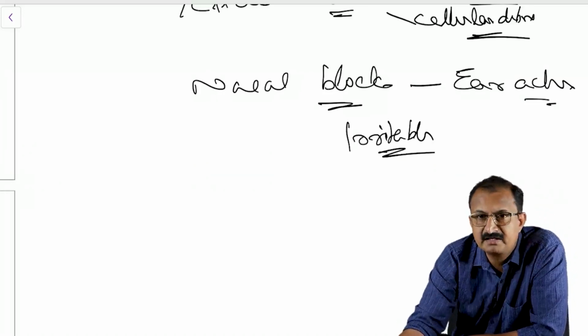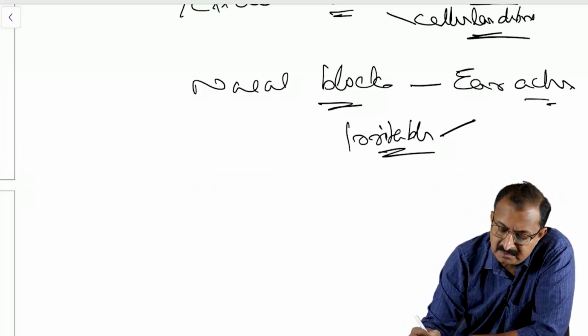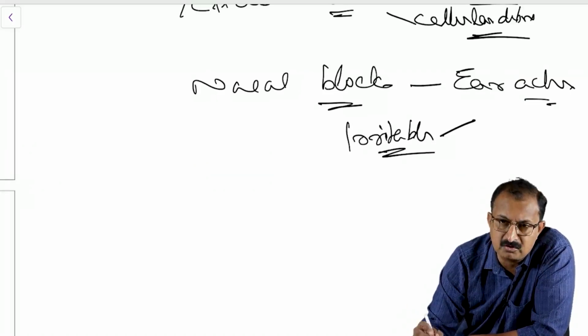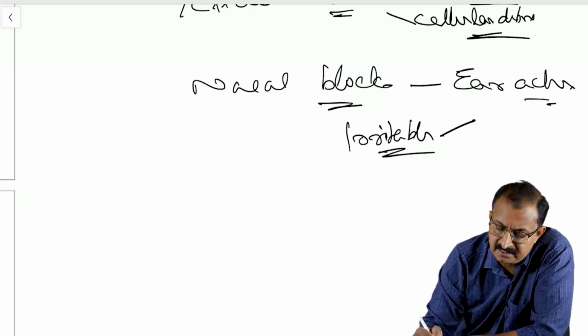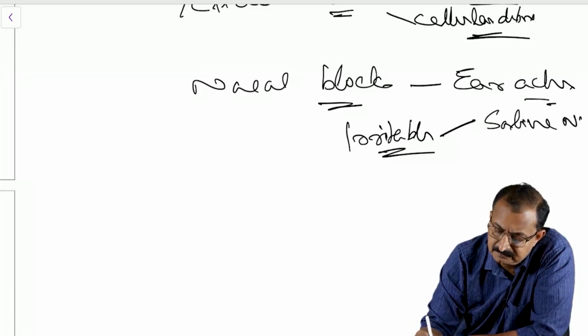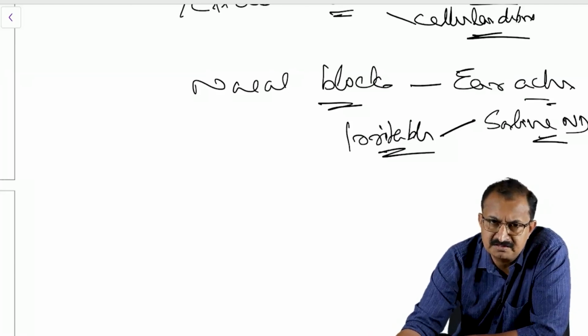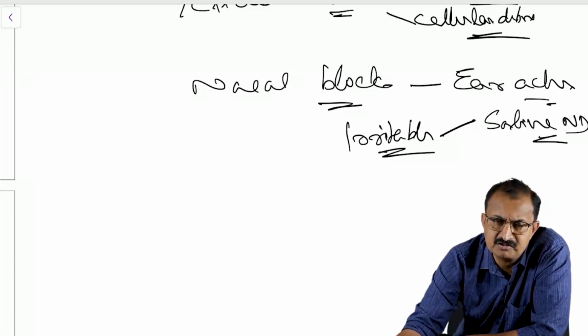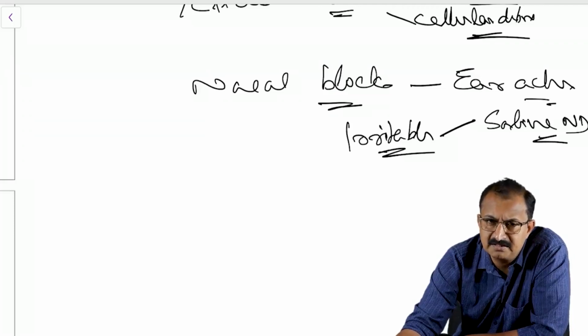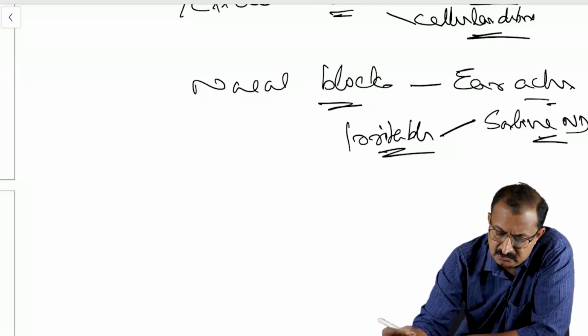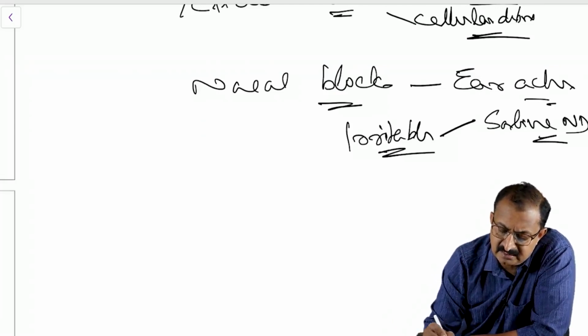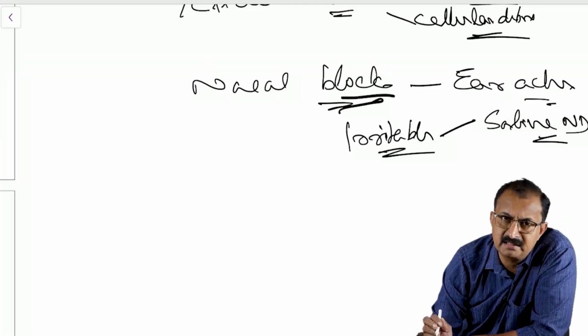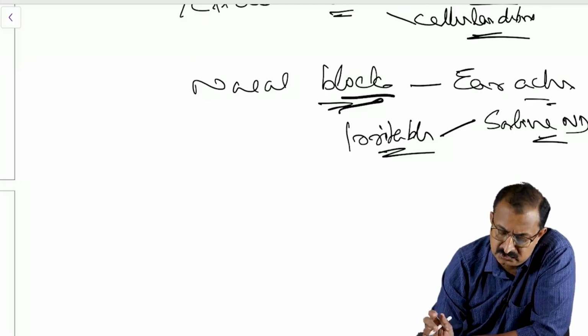One important reason for the irritability could be that because of the nasal block, there will be a pressure difference on either side of the tympanic membrane, which can cause ear block. If you instill saline nasal drops, this obstruction will be relieved, the pressure difference will be corrected, and the irritability or excess cry will subside. So one easy way to assess whether the irritability or incessant cry is due to nasal block is by instilling saline nasal drops in the nose and observing.